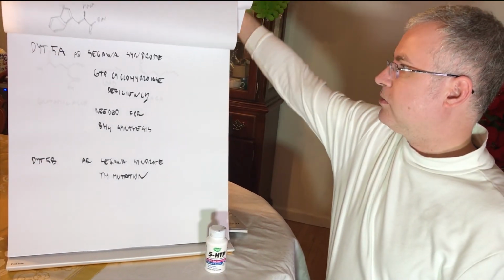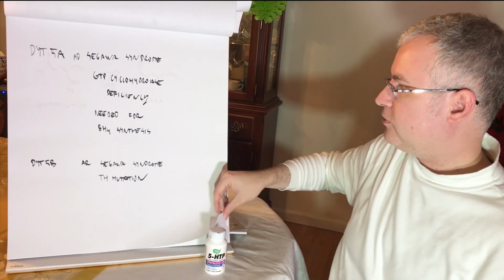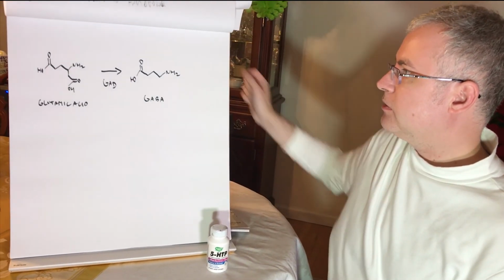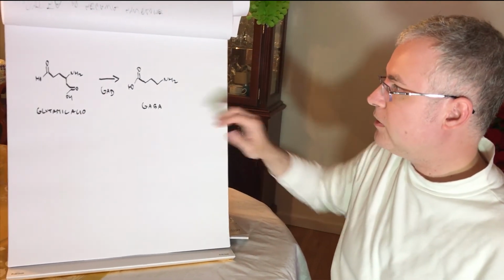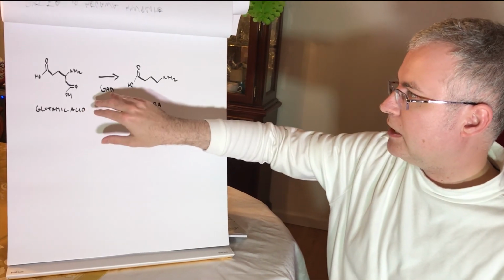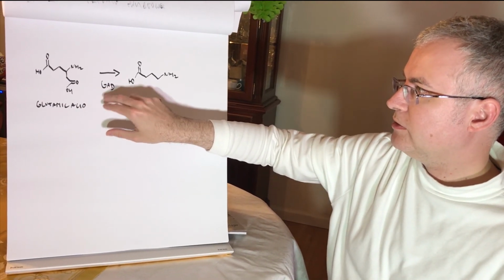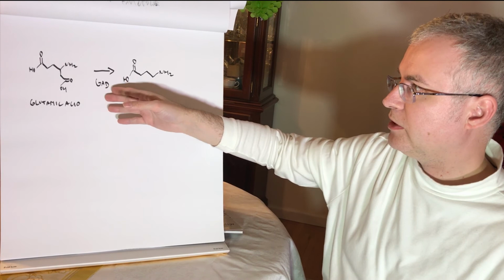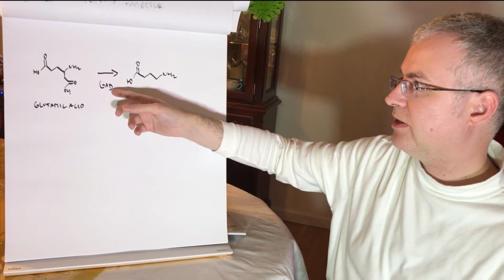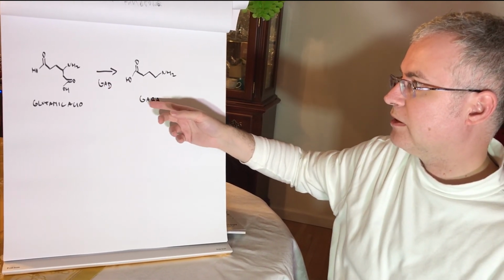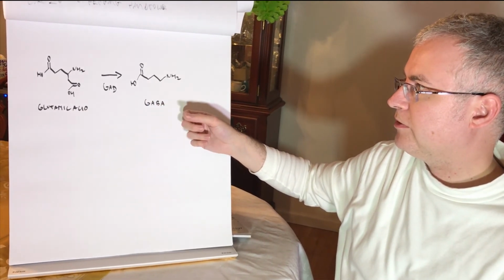And let's look at one more neurotransmitter. So over here you have glutamic acid, and glutamic acid decarboxylase, or GAD, and the subtype that's used in nerve cells is GAD65, makes GABA, or gamma aminobutyric acid.